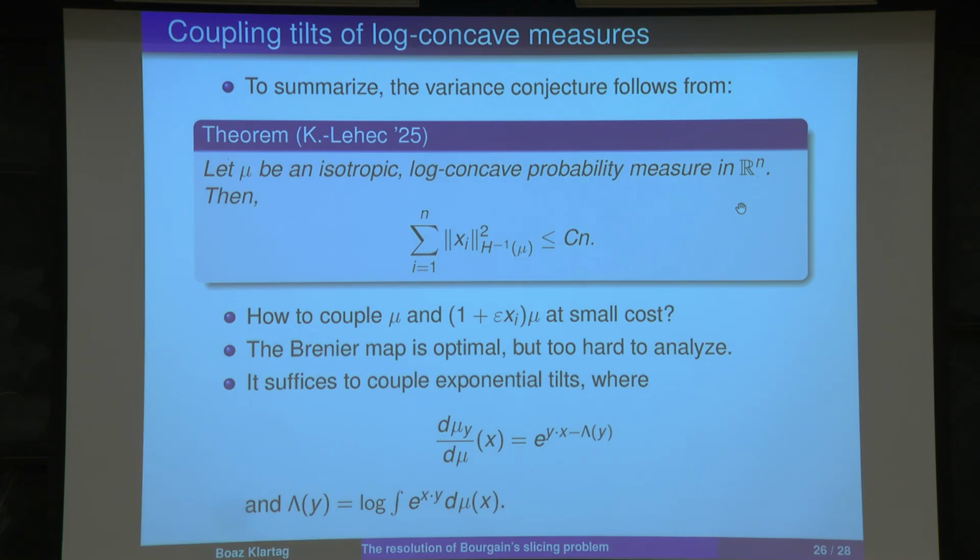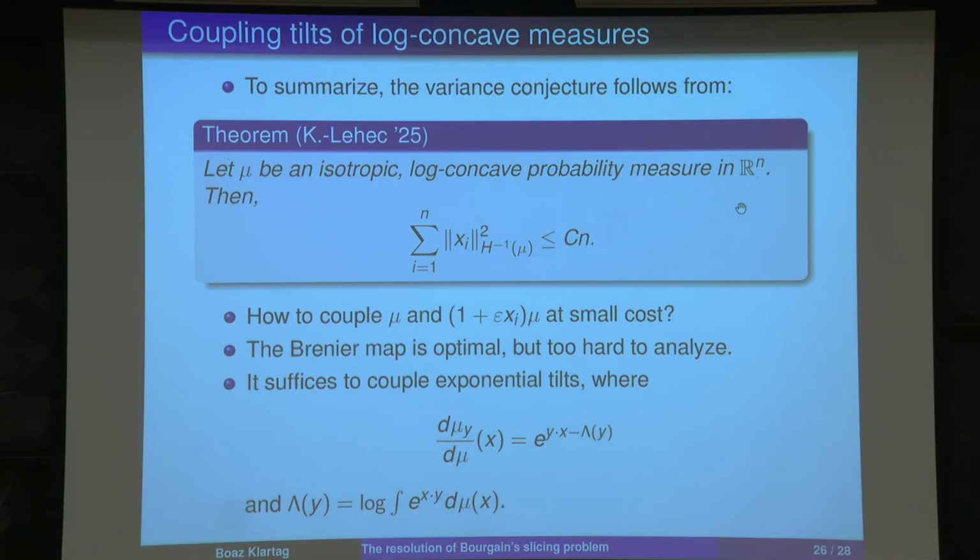Okay, so you need to bound the transport distance, and there is a beautiful theorem by Brenier, which characterizes the optimal way to couple two measures so as to minimize the Wasserstein distance. It is the gradient of a convex function. It's a celebrated result. But somehow we could not analyze it at all. The optimal coupling is just hard for us to analyze. So we do something else. We construct another coupling which does the job.